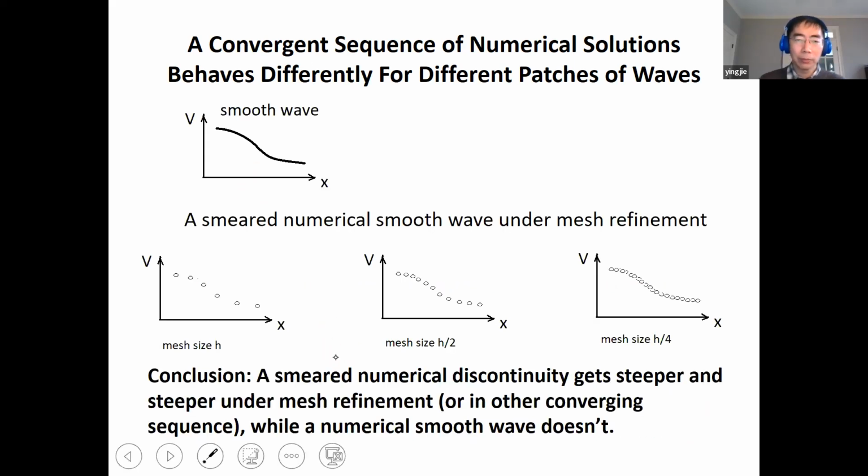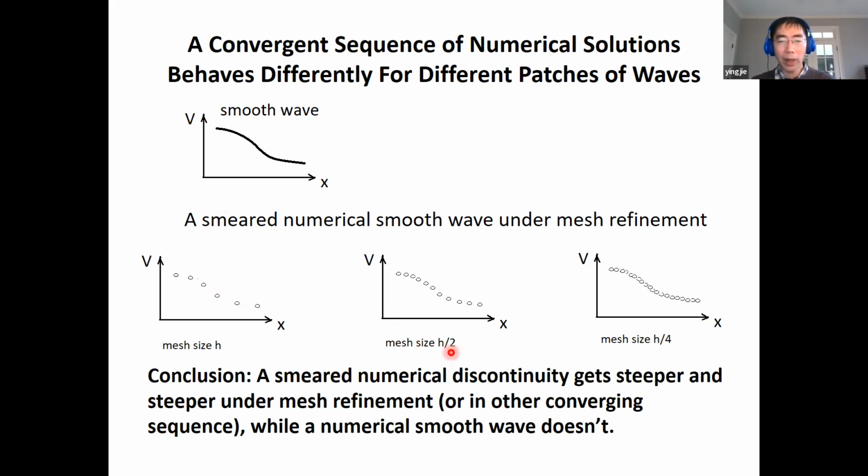Now let's look at another subject. Let's say this smooth wave. We want to approximate this smooth wave by a convergent sequence of numerical solutions. So let's say the numerical solution is computed with mesh size h. Well, you can see the numerical solution kind of mimics the smooth wave.